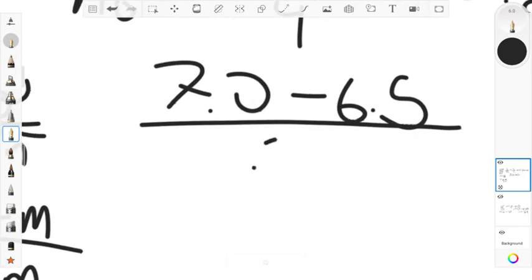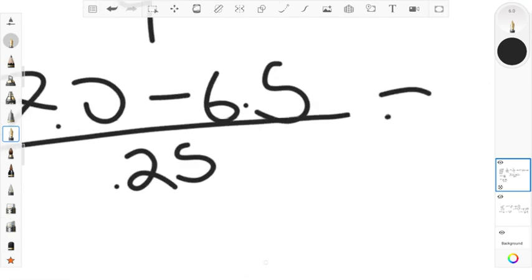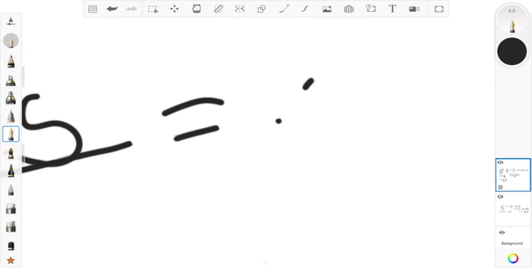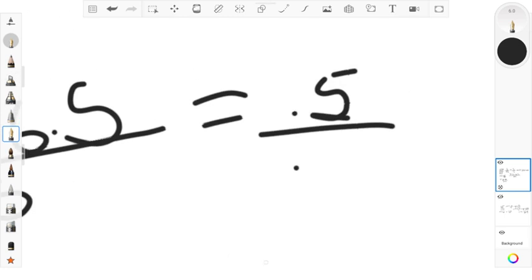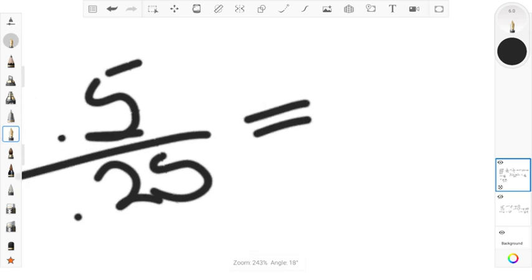So let me grab my calculator. 7 minus 6.5, if I can do it in my brain, is just 0.5. Then we'll divide that by 0.25, and that'll equal 2.